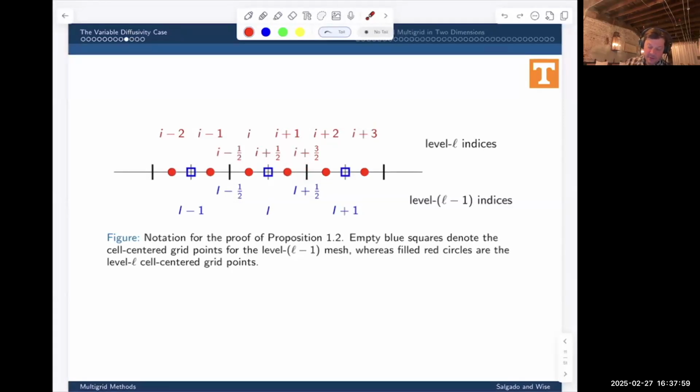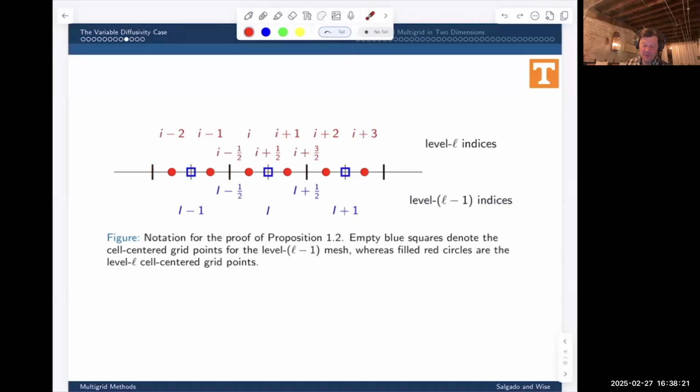Now let's go to the fine level grid. So the fine level grid has a lot more indices, so I've kind of staggered things here. So I refers to this point, I plus 1, I plus 2, and so on. But its edge-centered points are here, here, here, here, and here, right? And it goes this way as well.